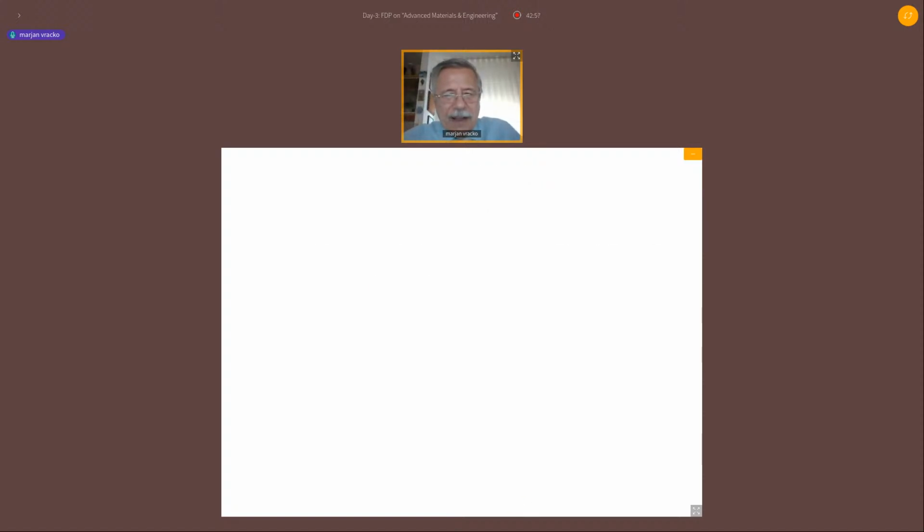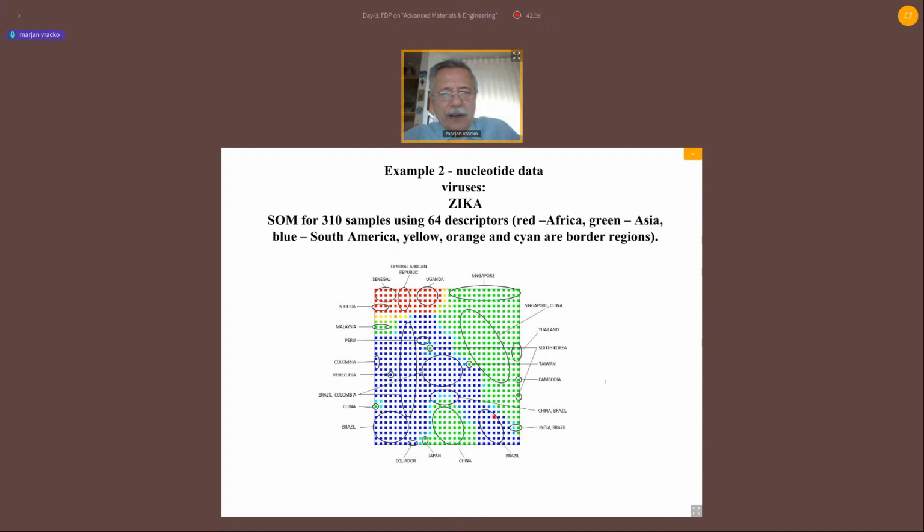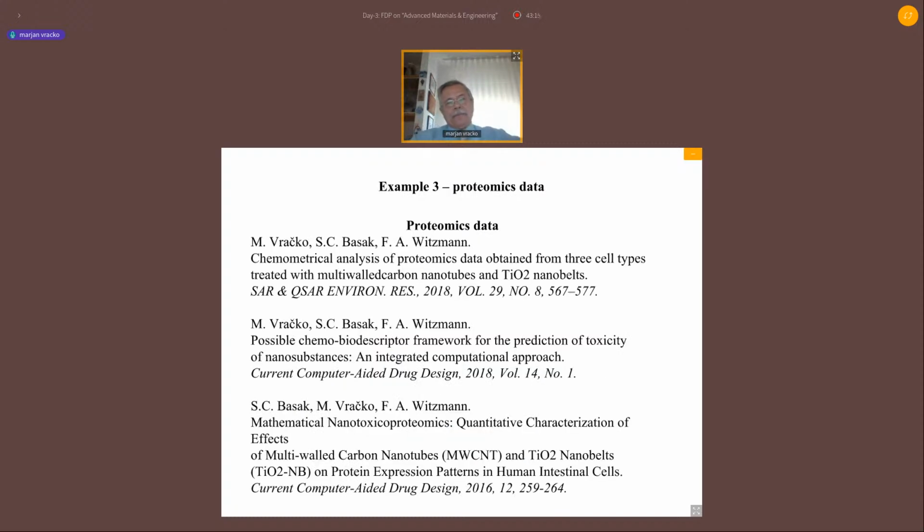Similarly, we performed the same analysis using self-organizing maps, and we also got a distribution of samples in such a two-dimensional picture. Let me go to our last example.